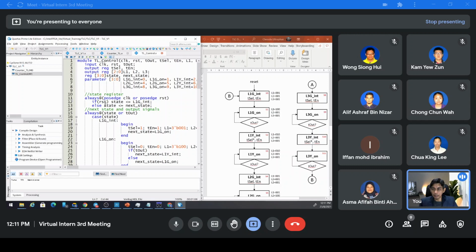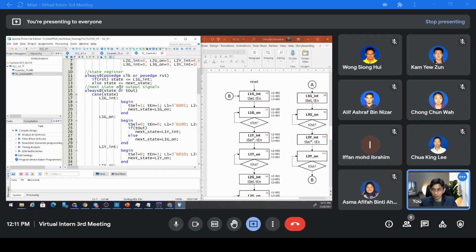And this is the state register, very easy, same as what we had previously, except that the state now is 4-bit because we have 12 states. So for 12 states, we need 4 bits in order to represent all the states. If we have 4 bits, we can represent up to 16 states, so 12 is okay.